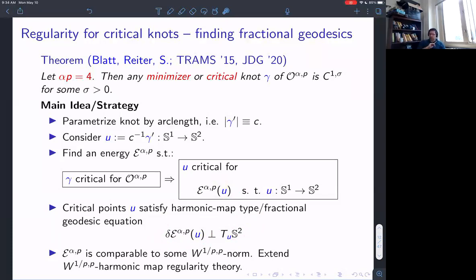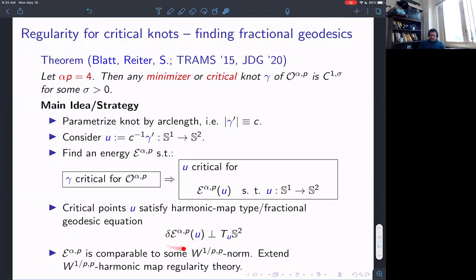Whether this is really true in fact is another discussion, but formally, whenever you have such an energy, you always have this kind of Euler-Lagrange equation. But now the point is that this here, as we shall see, looks pretty much like a harmonic map, only with respect to a norm which is not the L2 gradient norm, but a non-local norm. Okay.